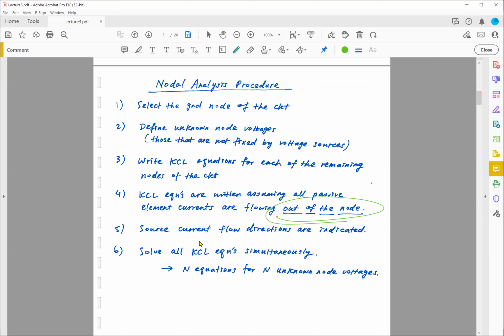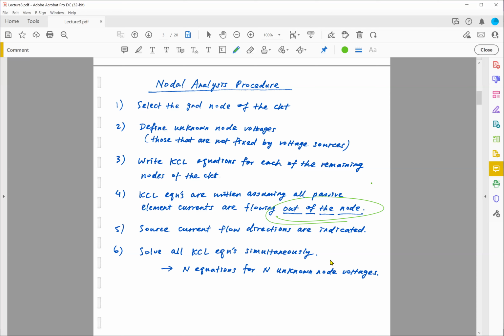Number five, source current flow directions are indicated. And number six, you need to solve for all the KCL equations simultaneously. So if you have n equations, then you will have n unknown node voltages.